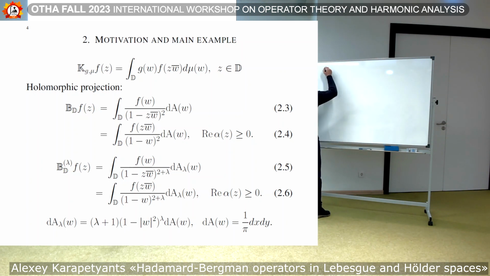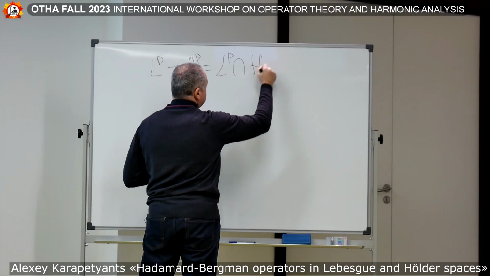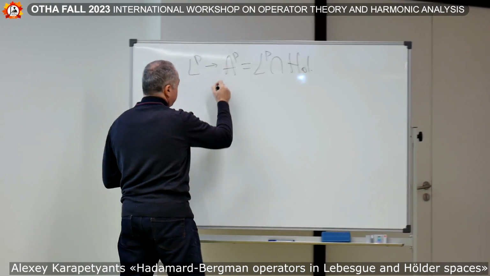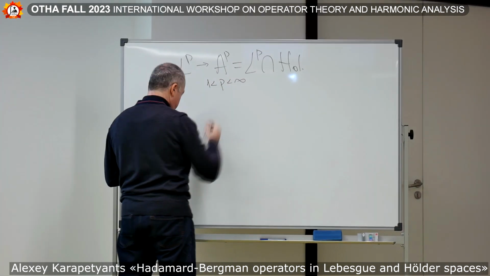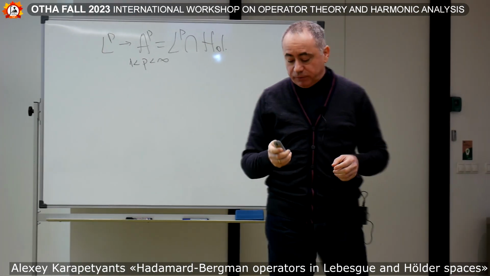It's bounded from L^p to A^p, which is L^p intersected with holomorphic functions, at least for p between 1 and infinity, and it is a holomorphic projection.